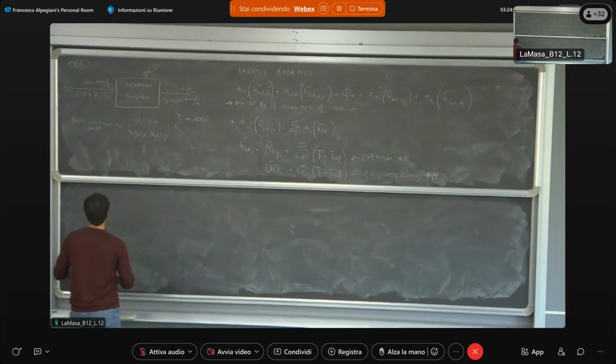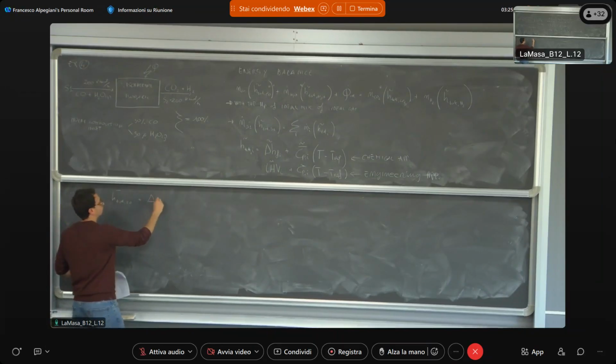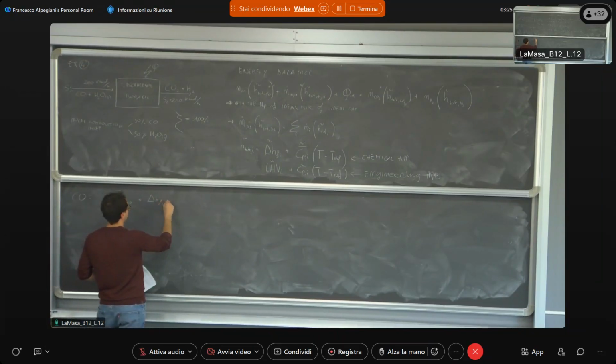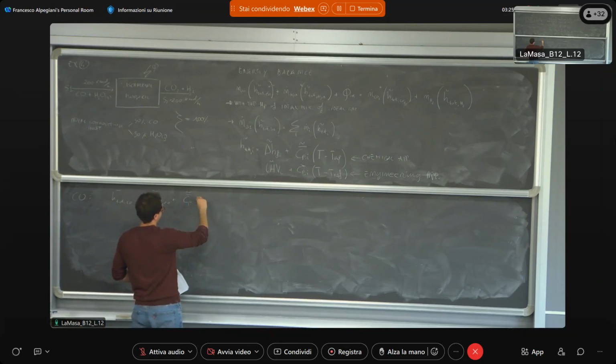So let's evaluate the total enthalpy for the different species. Considering CO, the total enthalpy of CO is equal to the enthalpy of formation given by the text plus Cp times the temperature of the reactor minus Tref.